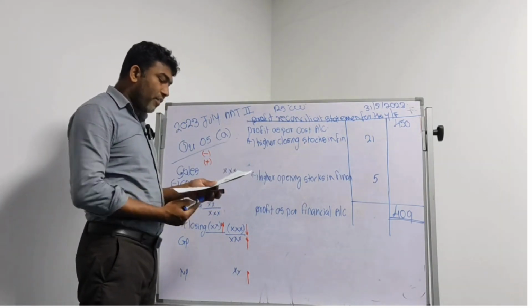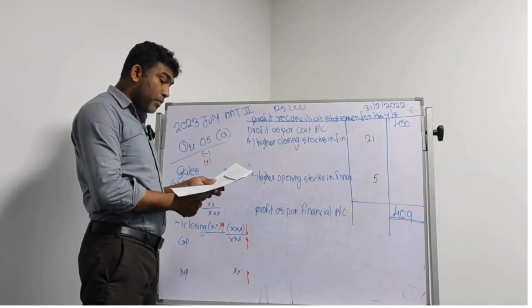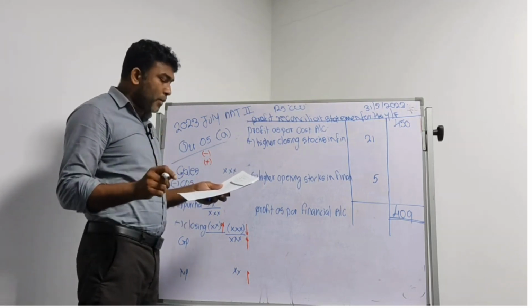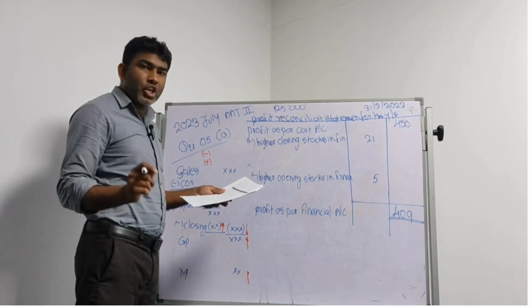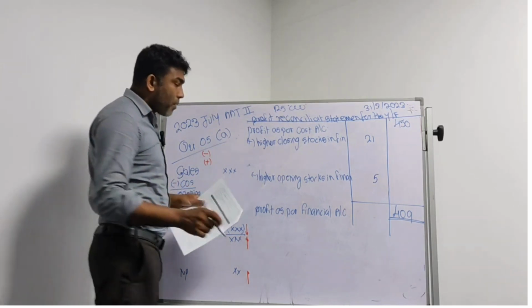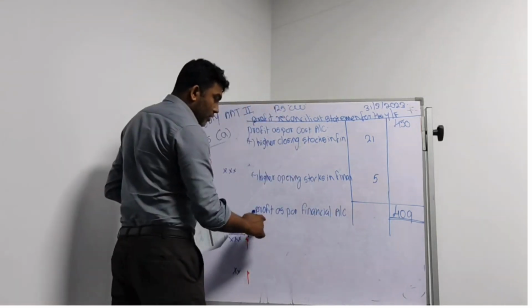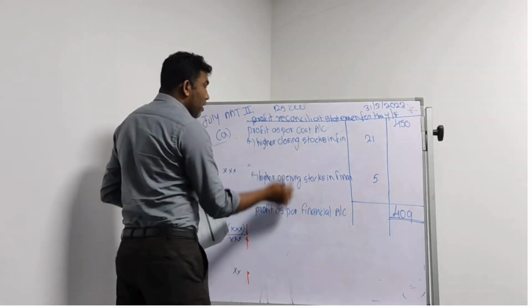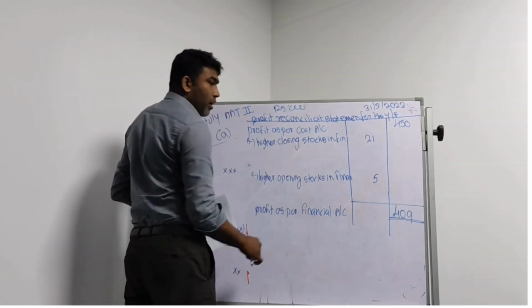Number two, director fees of 50,000 have been charged only to financial accounting. Now see, an expense has been charged only to the financial accounting, meaning their profit is low, right? So my moving path is cost to the financial accounting.